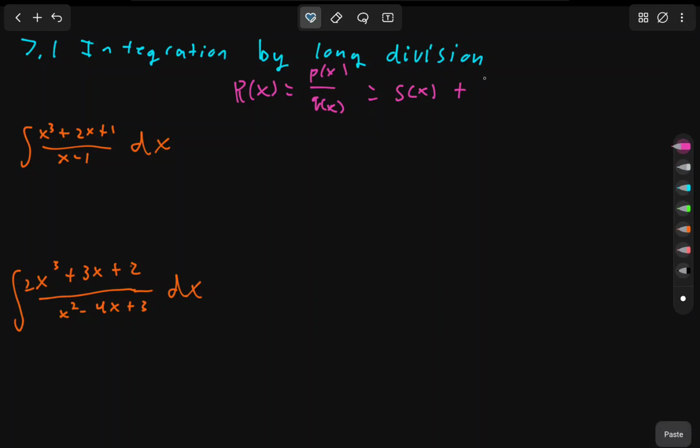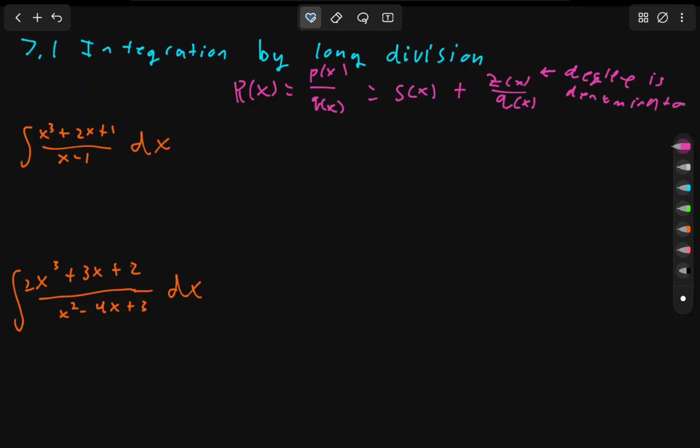So let's actually call this z of x, because it can be a polynomial in theory, divided by q of x. But z of x needs to be a degree lower than the denominator.